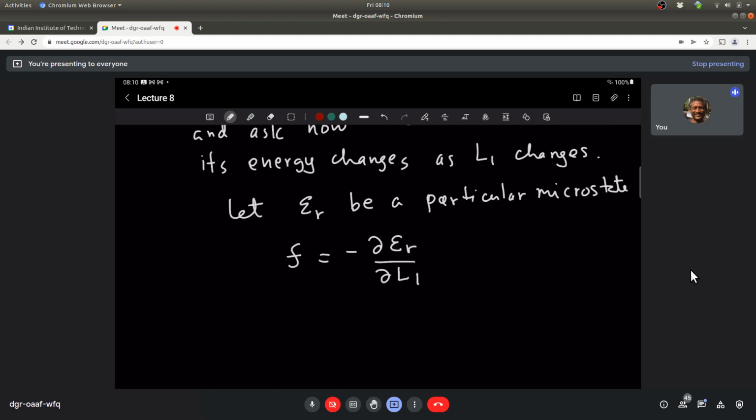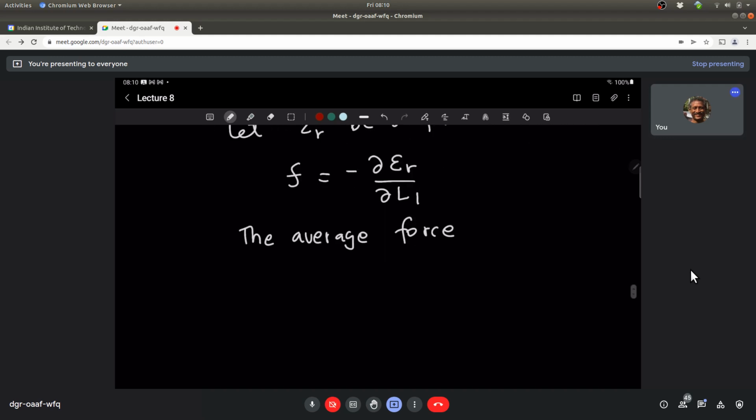So you can see what expansion would do, and from that you can work this out. This would be a microscopic formula, but we want to work out what is the average force due to this particle. How should I do this?